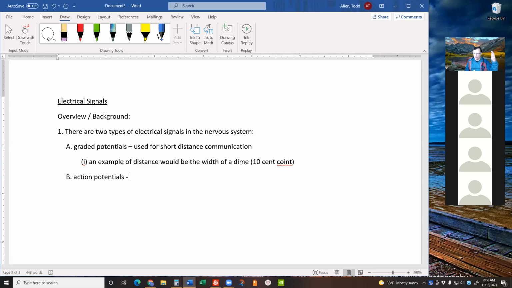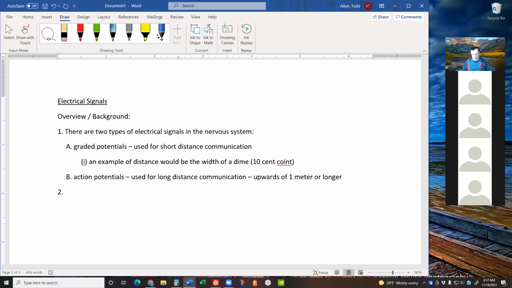We have some very, very tall people with long legs. So we could easily be talking about an axon that needs to spread an electrical signal over the distance of 1 meter or more, upwards of 1 meter or longer.